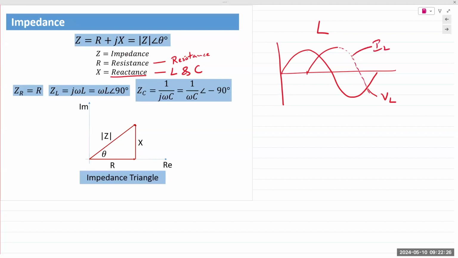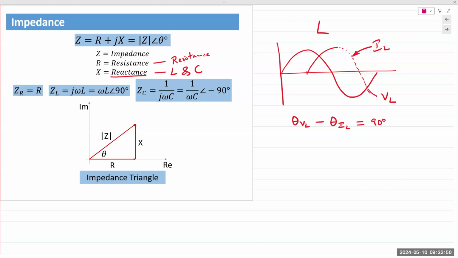This would be IL. You don't have to draw these out. Okay, this is for explanation purposes. Again, there is a difference between the voltage of an inductor and the current of an inductor. In this case, the current is behind or lags the voltage.